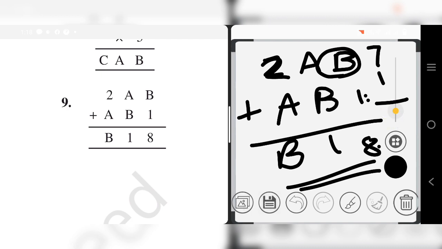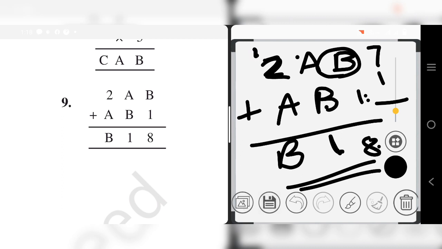Next. A plus B is equal to 11. So the unit digit of the two-digit number is 1. So let us assume it is 11, 1 here and 1 here.